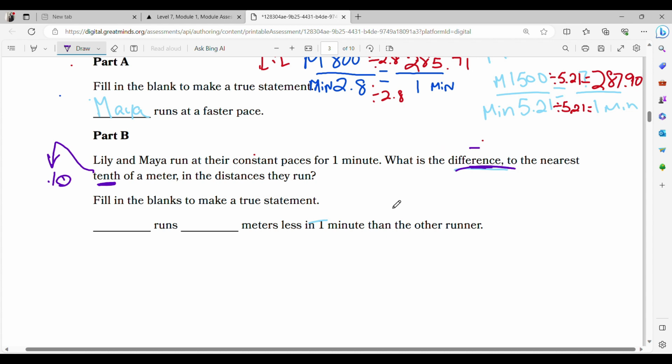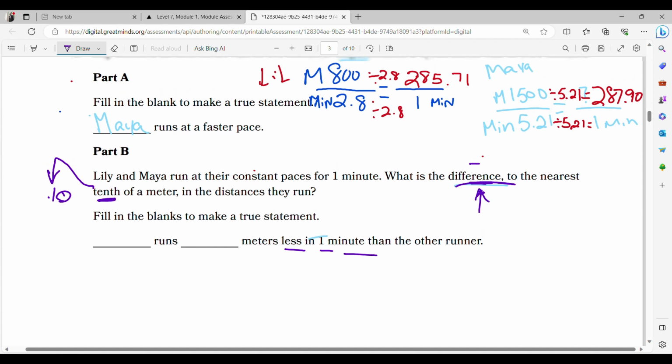So who runs less? Oh, they were trying to trick us. They tried to get us. But we're ungettable. In 1 minute, who runs less? So first thing we have to do is find the difference. What exactly is the difference?